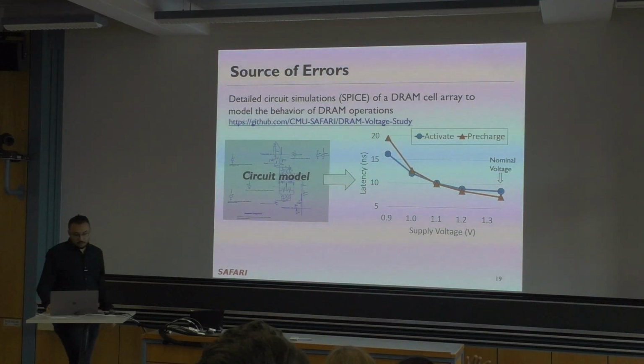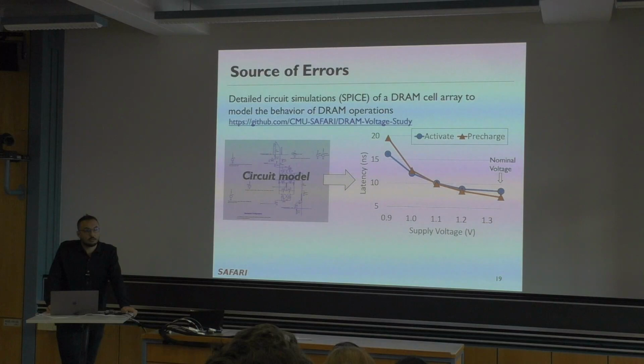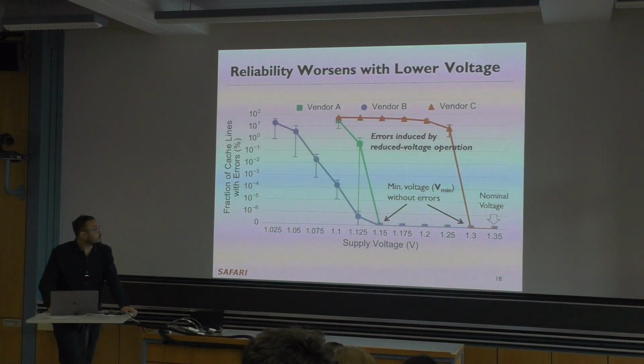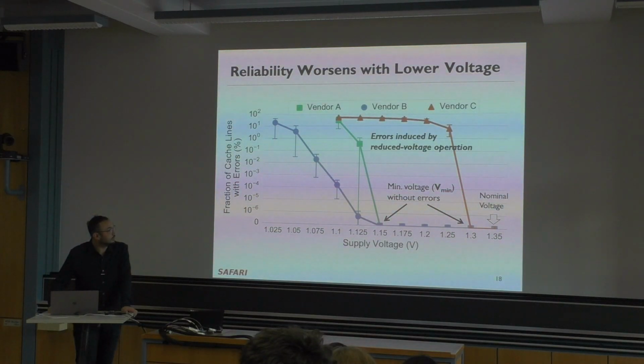Okay, so let's look at the source of these errors. Question: is this measured at the worst-case scenario, with respect to voltage and also other conditions like temperature? Yeah, the question is about the worst-case scenario.